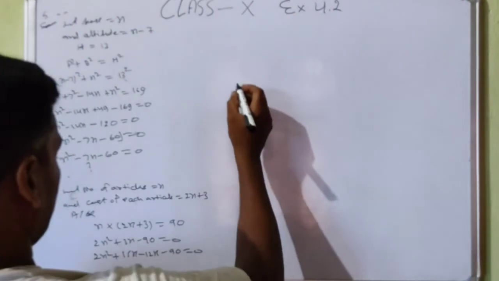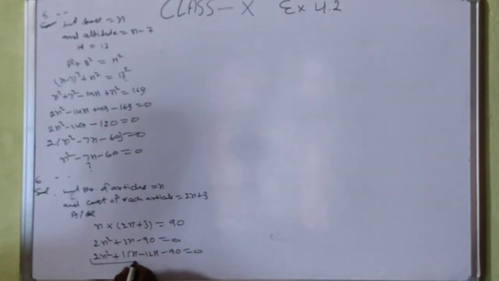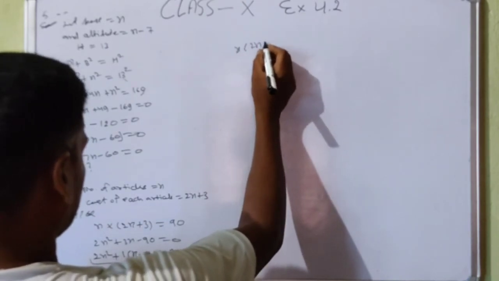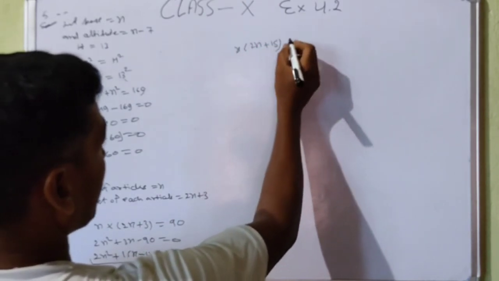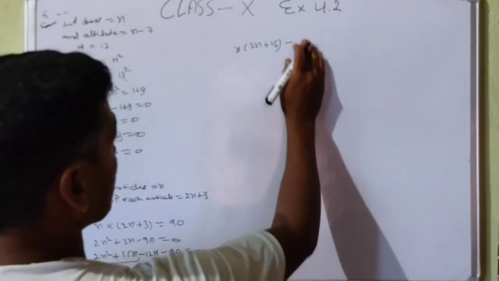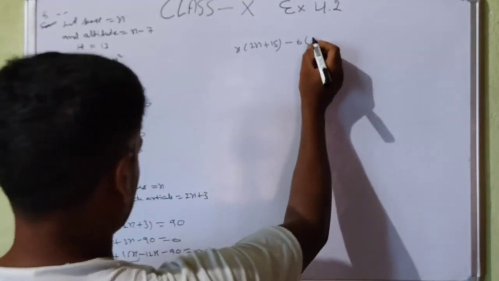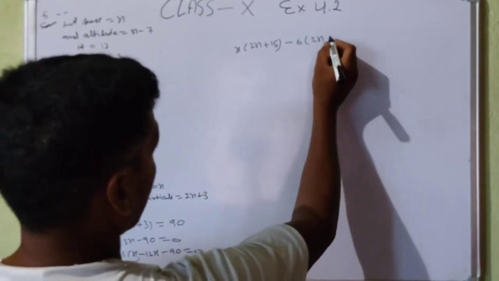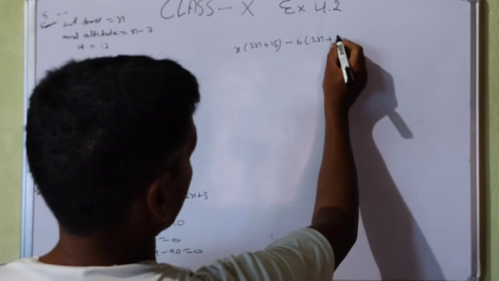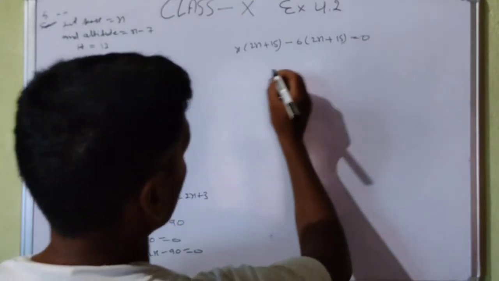Now x is common in these two, so 2x plus 15 will come here, and then minus 6 will come. 6 times 2 is 12, and 6 times 15 is 90.